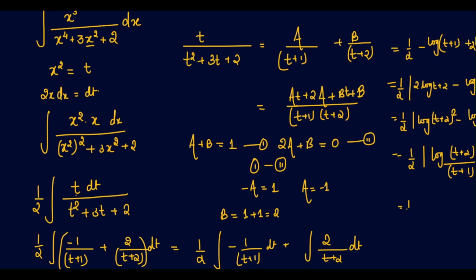So we will write it as half into log, where t is equal to x square. So x square plus 2 to the whole square over x square plus 1, and then you can write plus c. So this is the whole value that you will get for the integral.